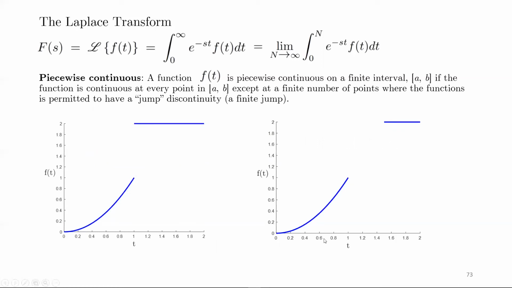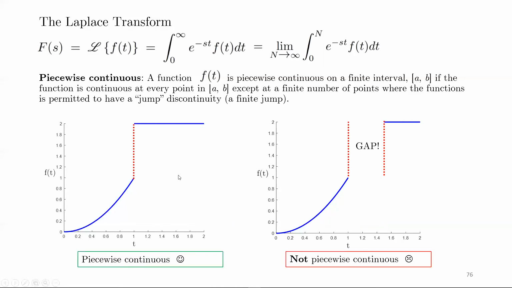Between t equals 0 and 1, we get this exponential increase, but then we get a jump across here. So this gap here is actually an infinite number of points, okay? So this cannot be piecewise continuous. The first one is piecewise continuous. The second one is not, because even though the jump is finite, going from f of t at 1 to f of t at 2, we have a gap with an infinite number of points. So you can't have an infinite jump, you've got to have a finite jump, and you can't have any gaps if you want to have a piecewise continuous function.